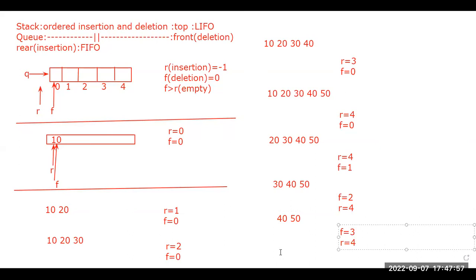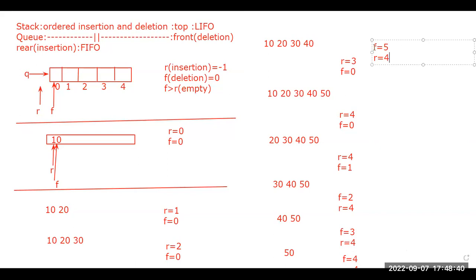If I want to remove last element also, it will be 50 by the time I remove it. After removing, the value of F will be 4 and R will be 4. Now if I remove this, after removing 50, don't you think I'll increment again? Yes or no? So once if I increment, F value will become 5 and R value will be equals to 4.